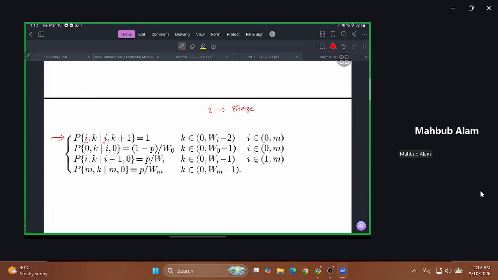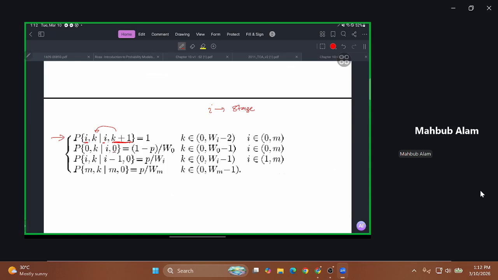So the stage is i, and if its current backup counter value is k plus 1, then after one slot time it will be k. So the backup counter value will be decreased by 1.